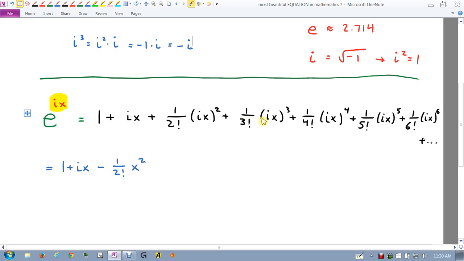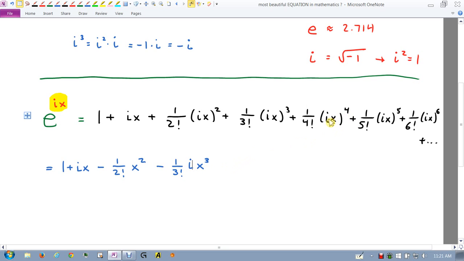All right, so I'm going to have a negative I and then x cubed. So I'm going to write it this way. Negative 1 over 3 factorial I x cubed. Do y'all follow that?